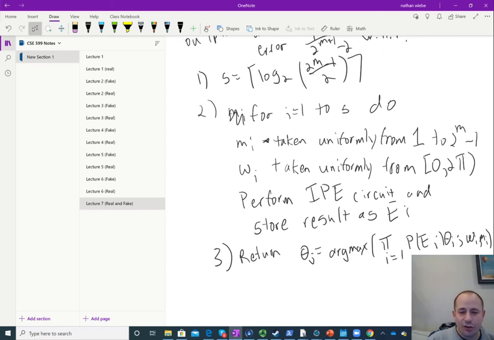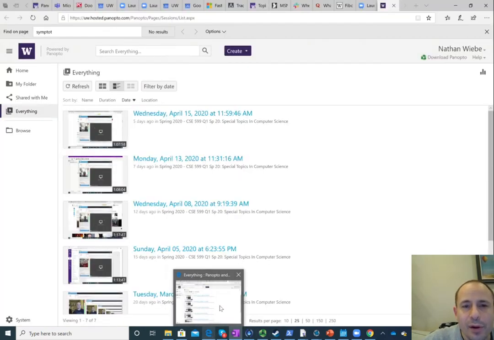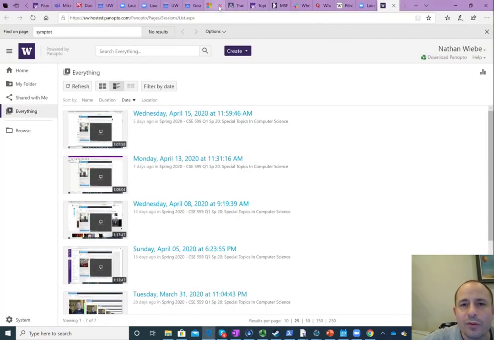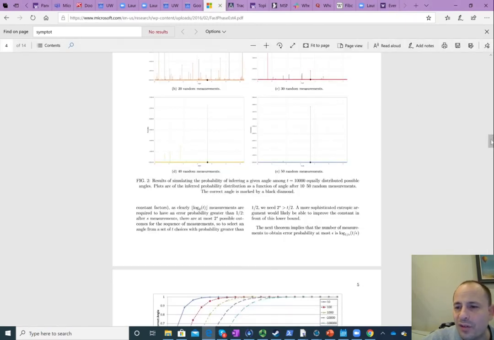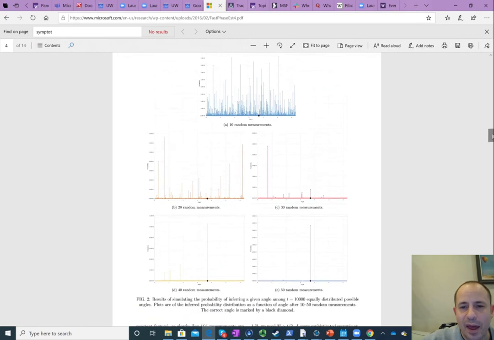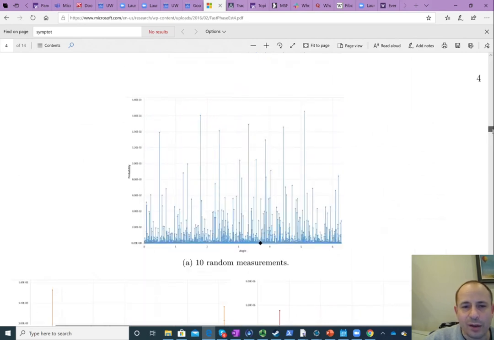So this process, just to give you an idea, let's load up the paper, which I think is right here. Some of the data that they give for this is over here. At the beginning, after 10 random measurements, the probability distribution of the eigenphase they're estimating is pretty much this spiky mess.